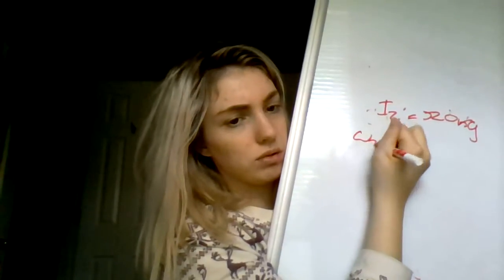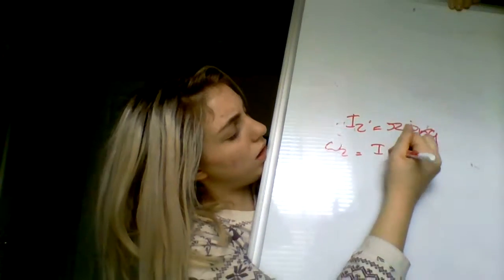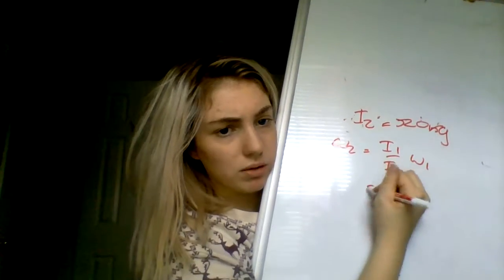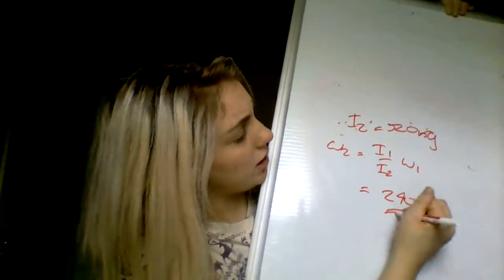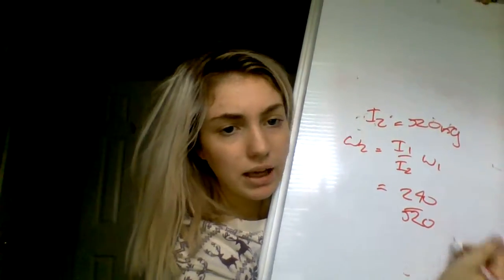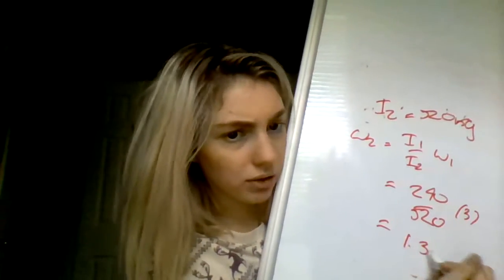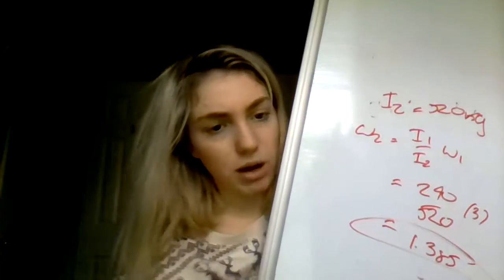And then W2 will equal a ratio of I1 and I2 times W1, which will equal 240 over 520 times 3, which was given to us, which will equal 1.385. And that is part A.